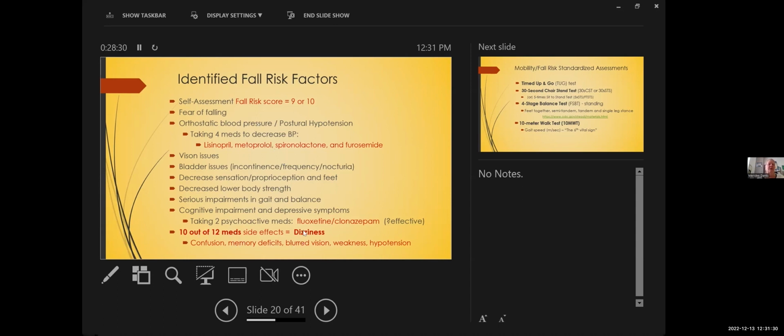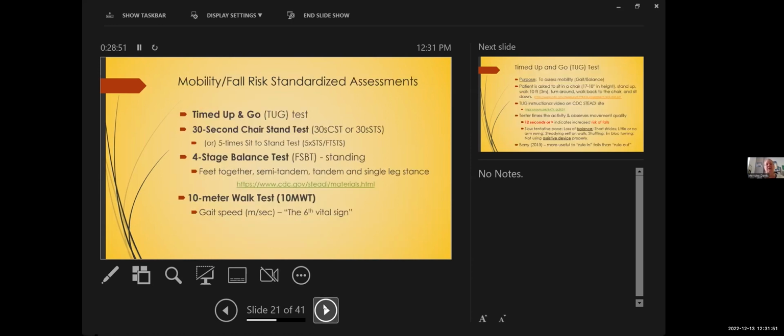Other side effects from the medications she is on can cause confusion, memory deficits, blurred vision, weakness, and hypotension. So right here, we've identified some things that may be modifiable that can help improve that constant falling she's had over the last year.